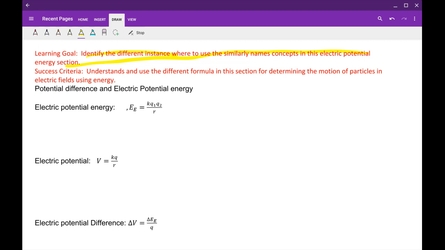remembering that gravitational potential energy turns into kinetic energy if the particle is allowed to move through the gravitational field freely, like if you were to just let yourself fall.